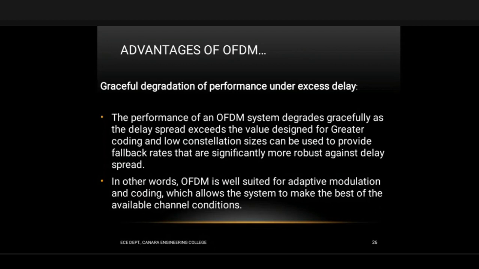In other words, OFDM is well suited for adaptive modulation and coding, which allows the system to make the best of the available channel condition. That means one fellow is having good connectivity, like his home is in a city and the tower is quite visible from his home, or the line of path is visible.